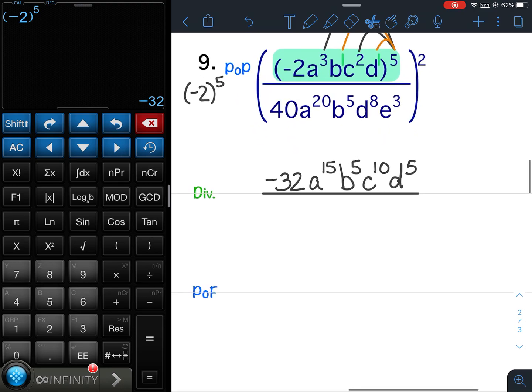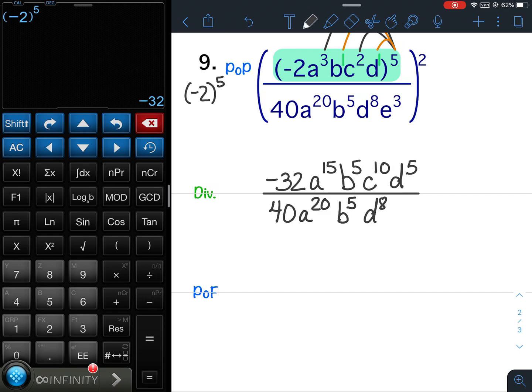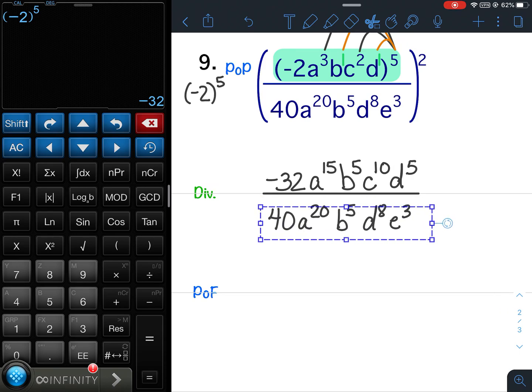The denominator will stay the same. So we'll have 40, a to the 20th, b to the 5th, d to the 8th, and e to the 3rd. Since I want to divide, I'm going to move those down just a little bit.